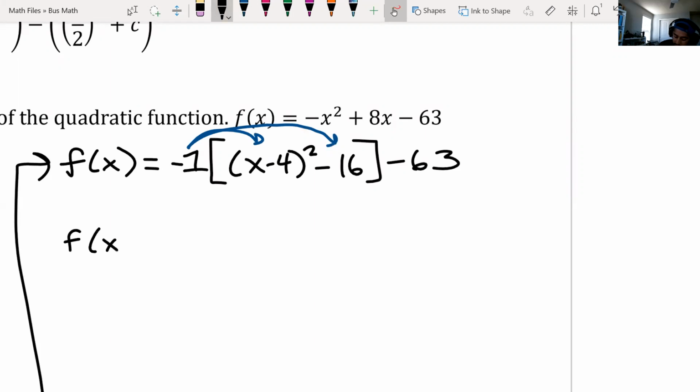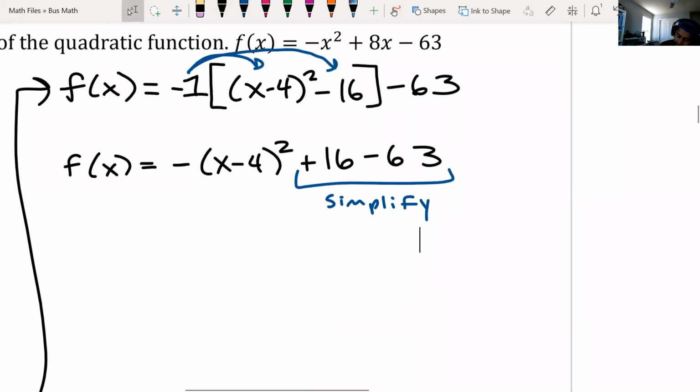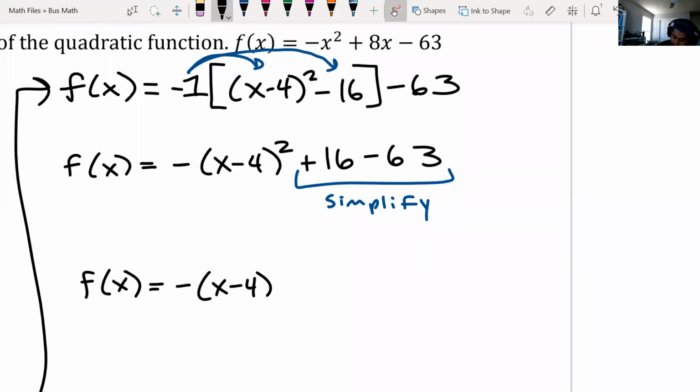I'm going to end up with f of x equals -1 times x minus 4 squared plus 16 minus 63. And all I have to do now is simplify these two terms and we're done. We get f of x equals -(x minus 4) squared, minus whatever 16 minus 63 is.